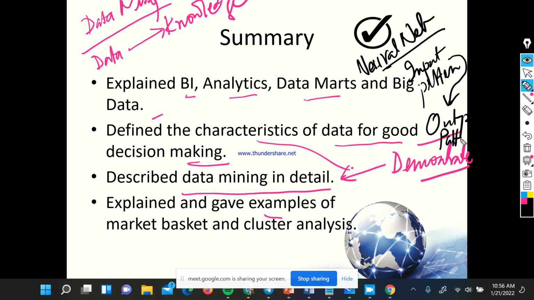It's actually pattern recognition. When we input a pattern into a neural network, this pattern may come from data mining, yes. Data mining may help to generate that pattern that you feed into the neural network to recognize something. Okay, sir. Understood. Very good question. Any other questions you have? No, sir.